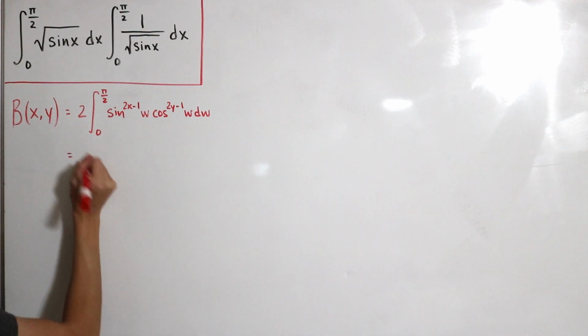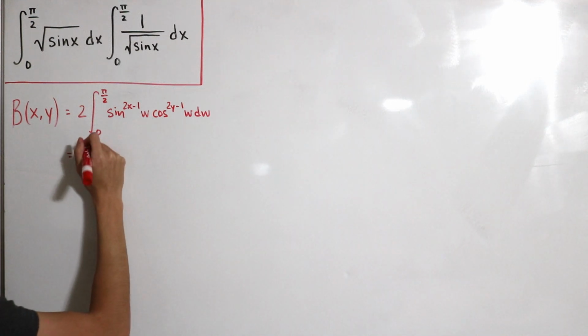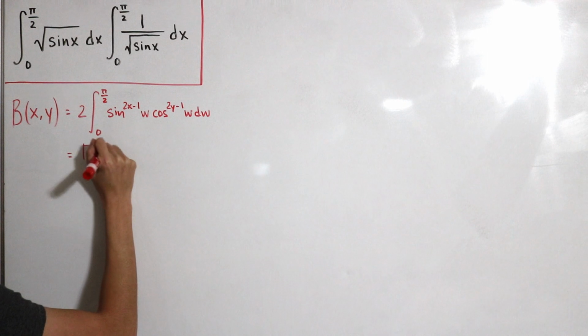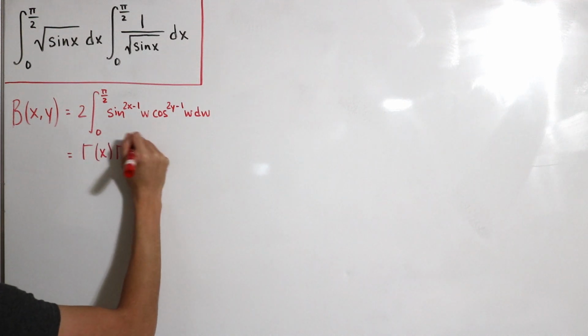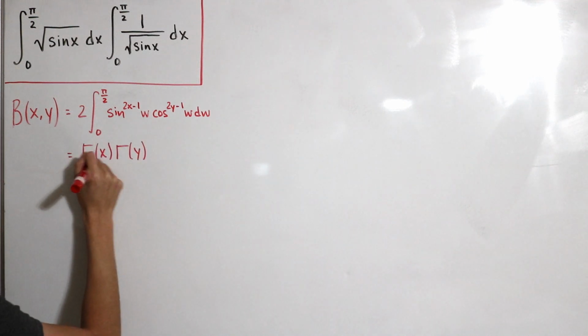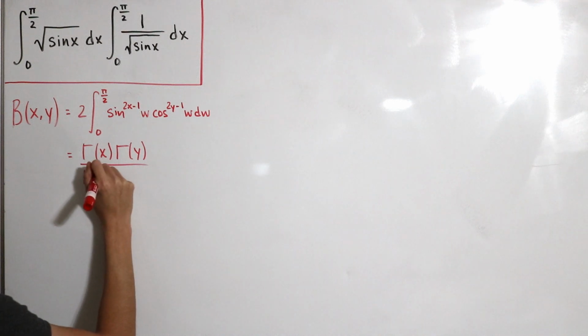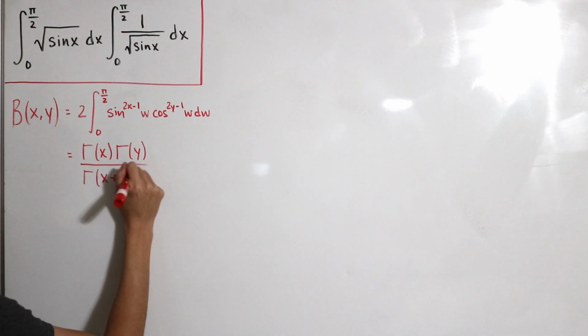Then we can write this in terms of gamma functions, as gamma of x multiplied by gamma of y, divided by gamma of the sum of the two inputs, x plus y.